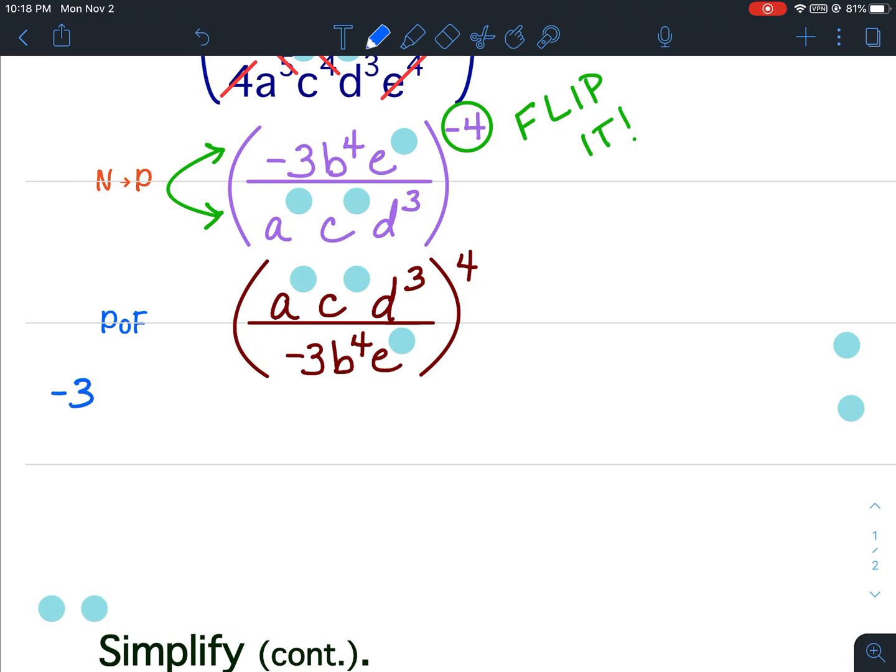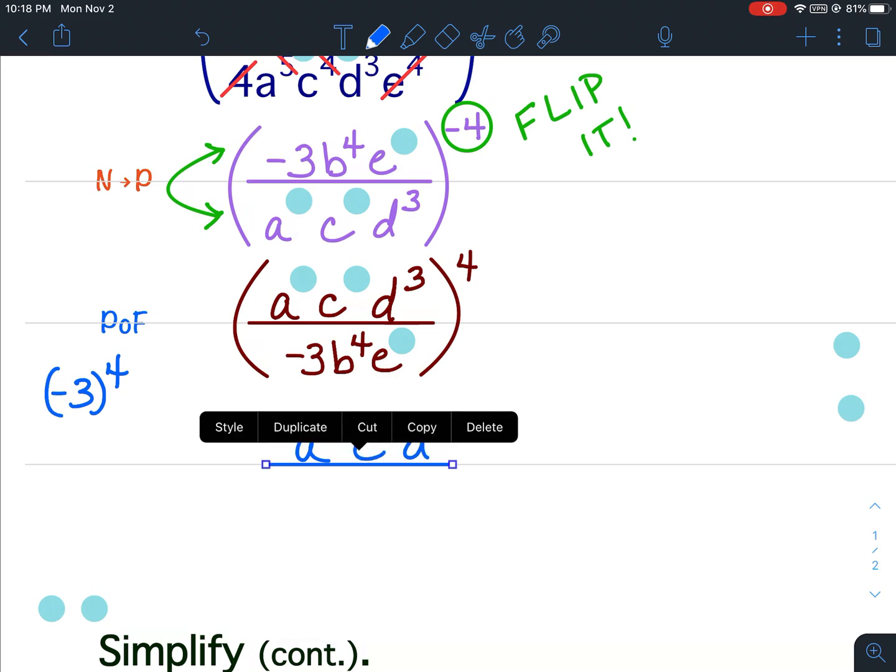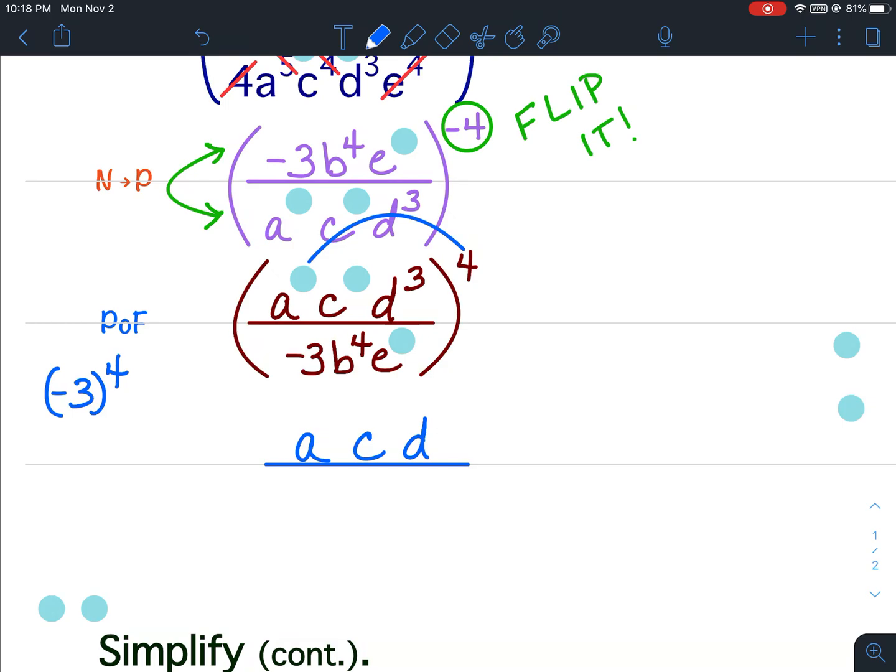So negative 3 to the fourth. For the numerator, again, I'm going to have a, c, and d. To find those exponents, you need to multiply by this 4.